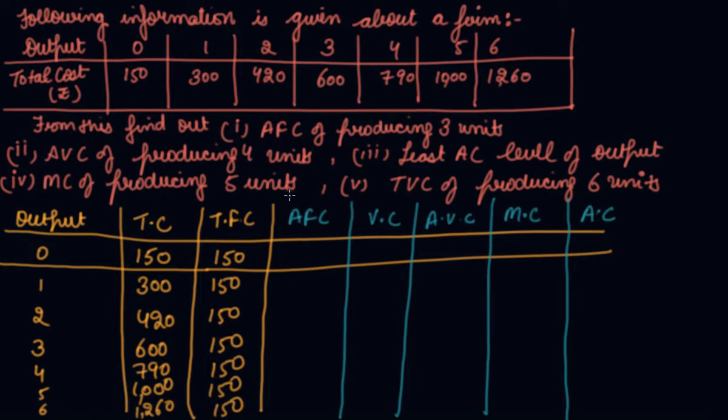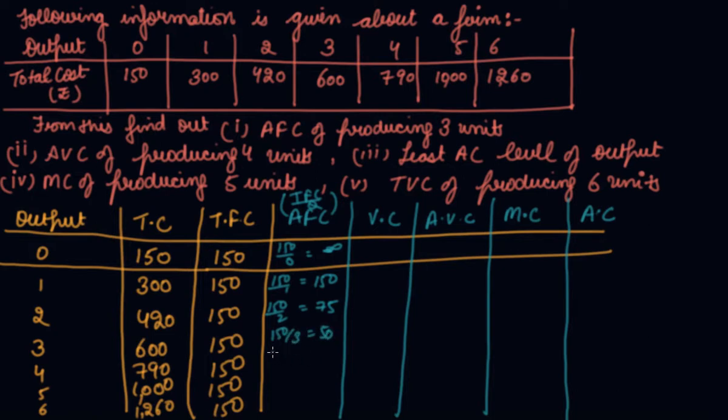Now your average fixed cost is your total fixed cost divided by your output. That is 150 divided by 0, which will be infinity. Then 150 divided by 1 is 150, 150 divided by 2 is 75, 150 divided by 3 is 50.